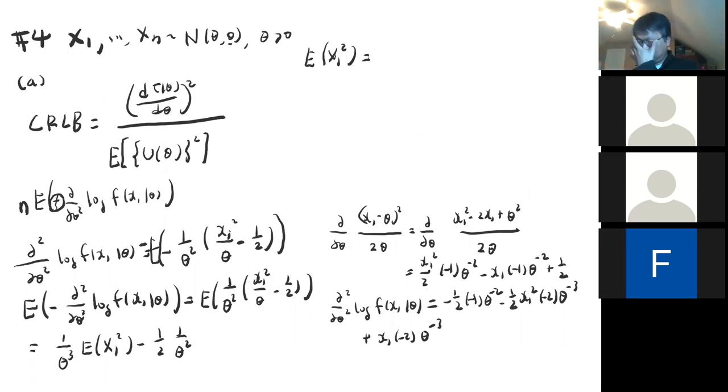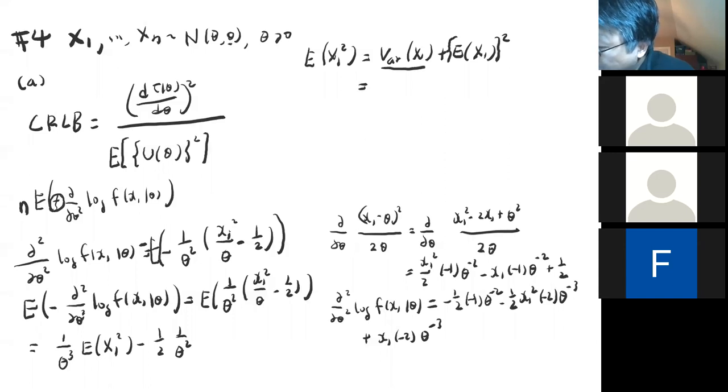If you look at the expectation of something squared, you should use its variance plus the expectation of x1 squared. So that means you can use the variance of x1 given theta, plus the expectation of x1 given theta, squared, which is theta squared.